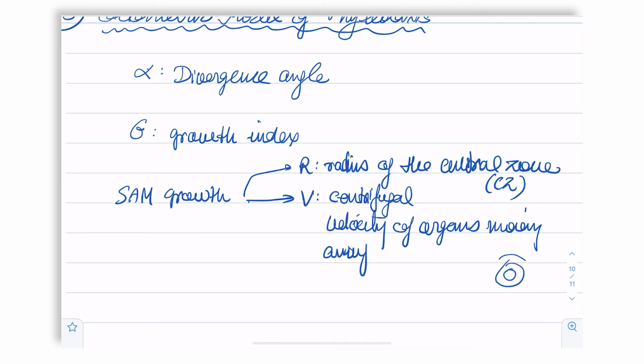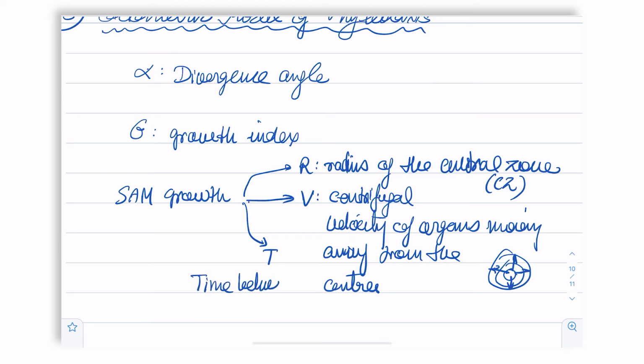So as the growth expansion happens, there is movement outwards. This is what is referred to as centrifugal velocity. And T, which is the time between the appearance of two primordia.